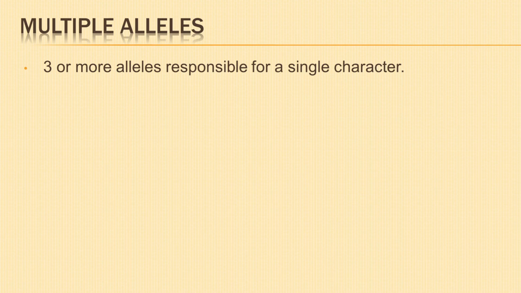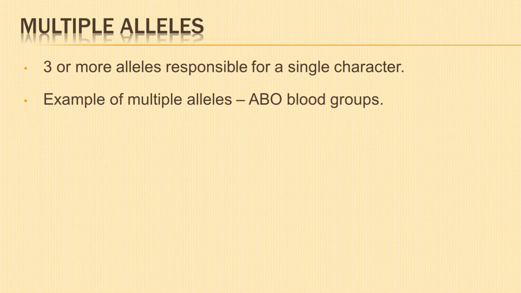Next is multiple alleles. When 3 or more alleles are responsible for a single character, they are known as multiple alleles. Good example of multiple allele is ABO blood groups in humans. The gene I controls the ABO blood groups.